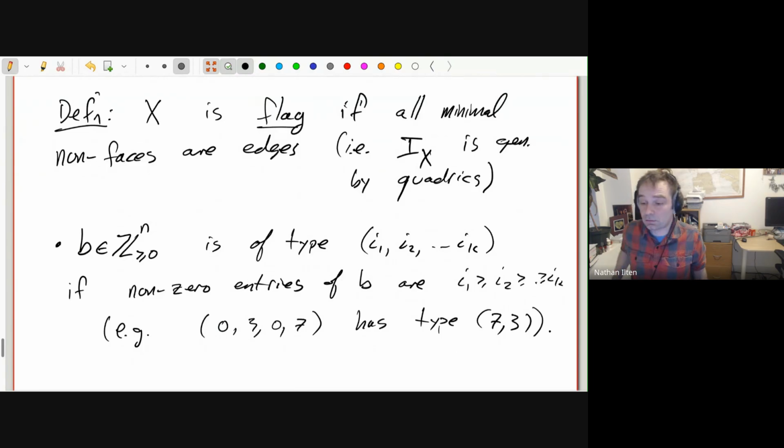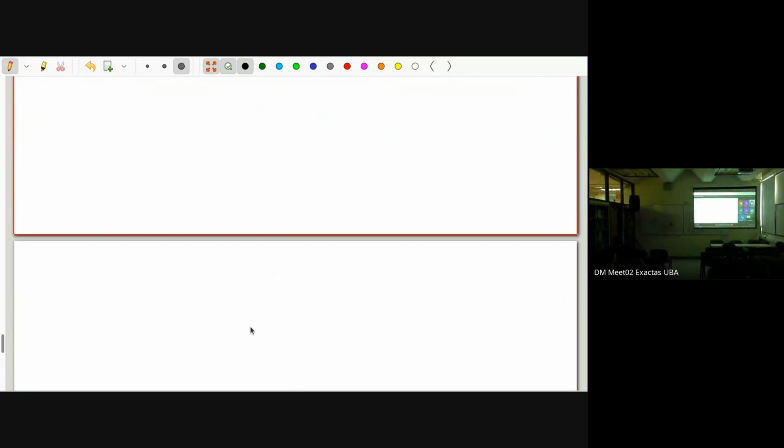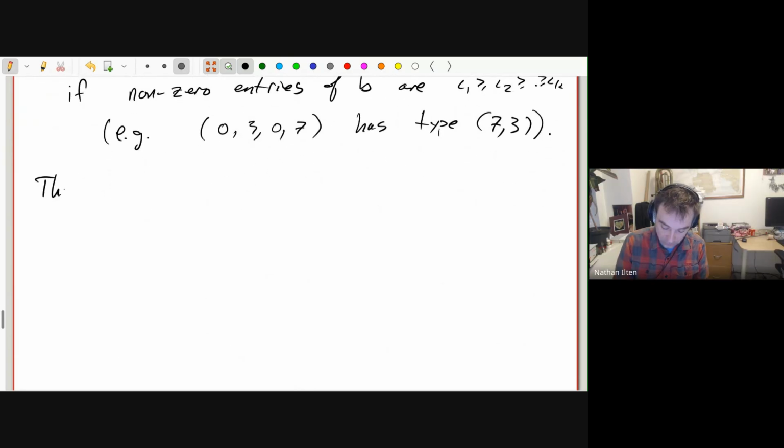Okay, so armed with these two things, I can now tell you what kind of restrictions we can put on the negative part of the weight to guarantee that cotangent cohomology is vanishing. So here's our second result.